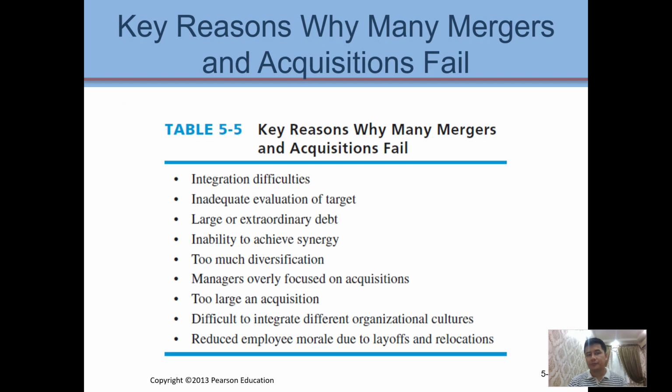Let's explain the key reasons why many mergers and acquisitions fail, shown in Table 5.5: integration difficulties, inadequate evaluation of the target, inability to achieve synergy, too much diversification, managers overly focused on acquisitions, difficulty integrating different organizational cultures, because different organizations have different cultures, and reduced employee morale due to layoffs and relocations.